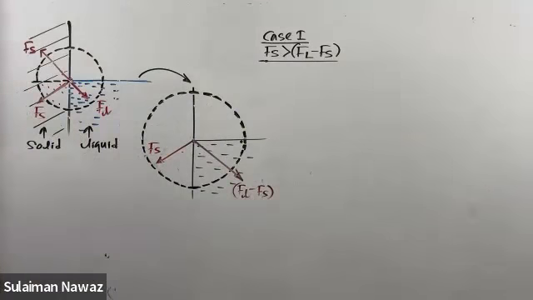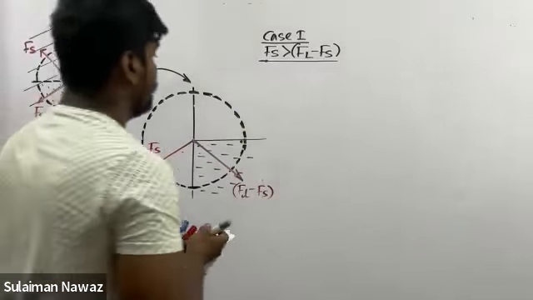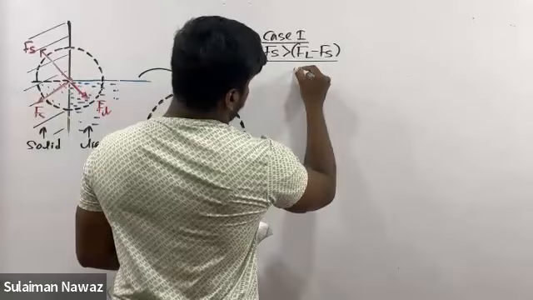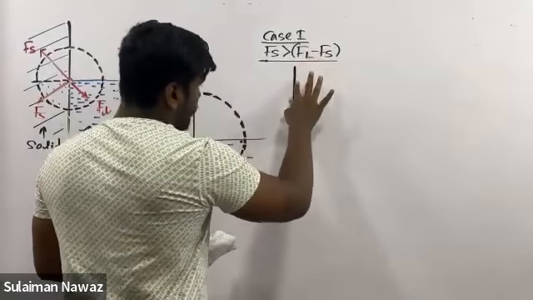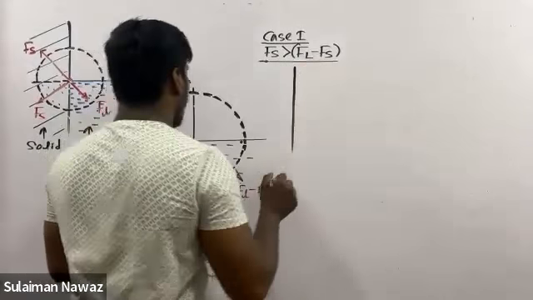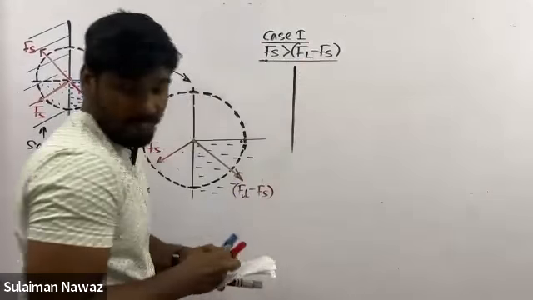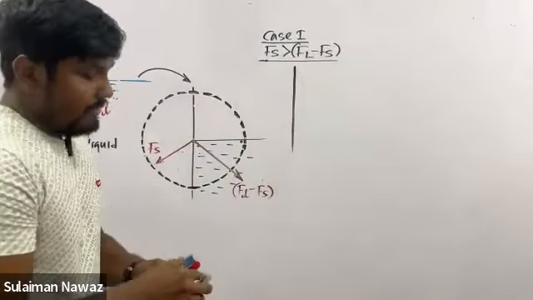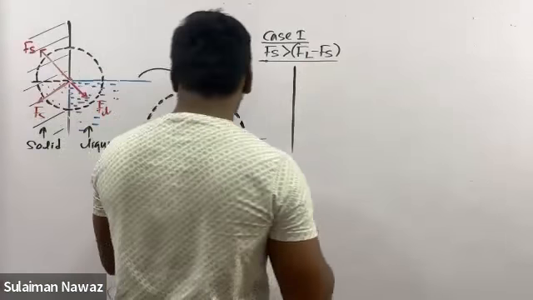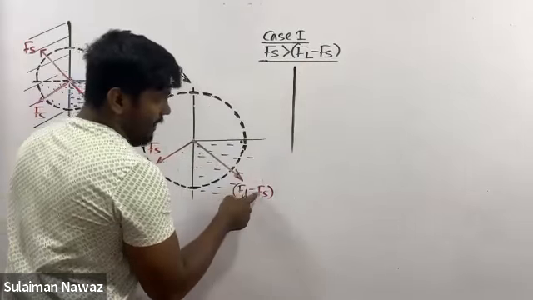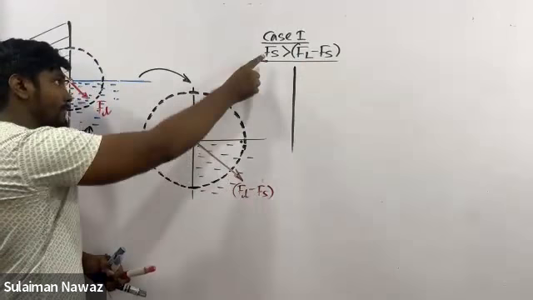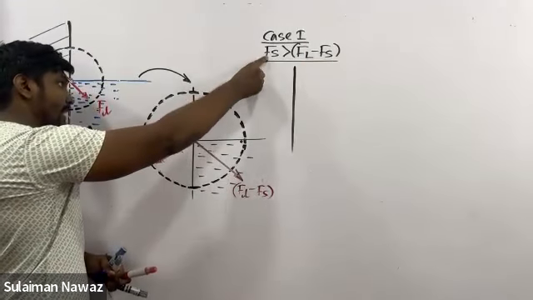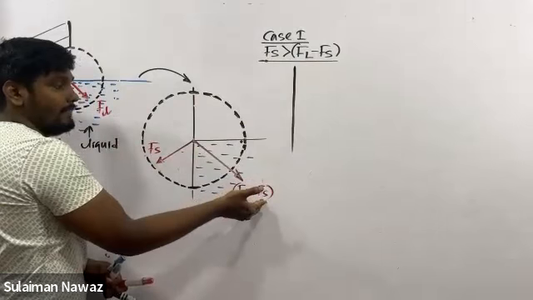If this happens, what would be the resultant? Look here. Now there are two forces, Fs and Fl minus Fs. Very carefully understand, suppose Fs is larger than Fl minus Fs.